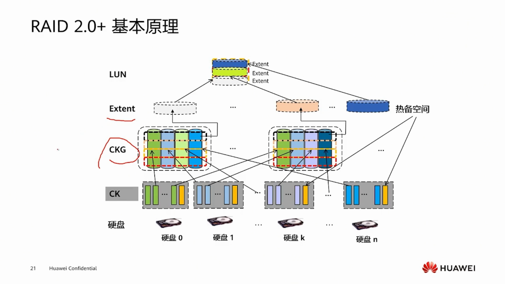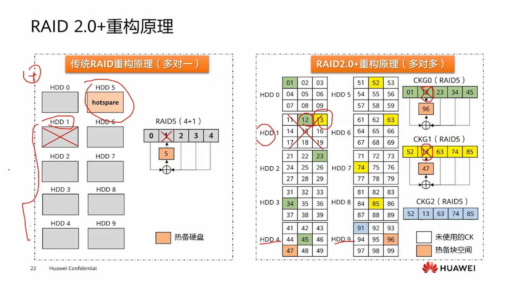Second, when a hard disk fails, the valid data of the failed disk will be reconstructed into the resource pool, achieving a fast many-to-many reconstruction. Third, it involves all disks in the reconstruction, and all hard disks in the resource pool will participate in the reconstruction. The reconstruction load of each disk is very low, and the reconstruction process has no impact on the upper-level application.